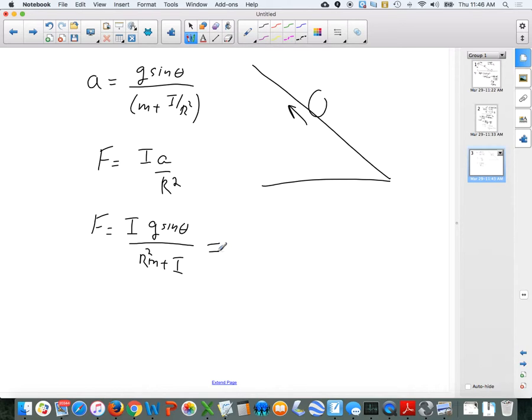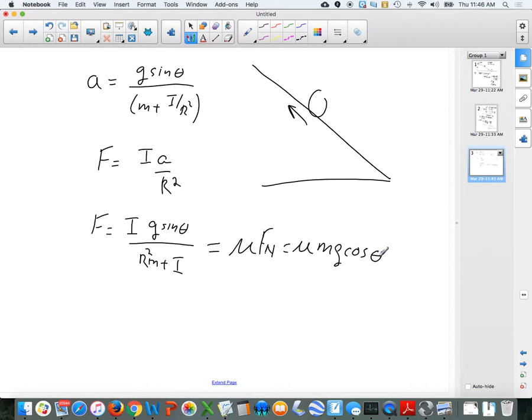Friction in general is equal to what? Force of friction is mu Fn, which in this case is mu mg cosine theta, going back to stuff we did long ago. Right?